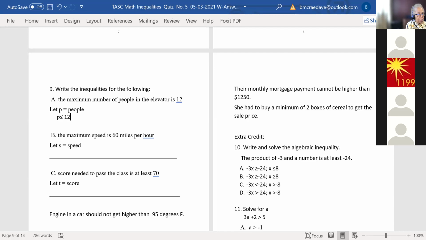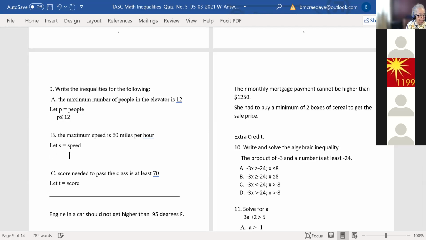Now, Maureen, the maximum speed is 60 miles per hour. What is the inequality symbol? Less than. That's right, less than or equal. In other words, you can't go over 60 miles per hour. So there again, we've got less than or equal. So let's copy that there.